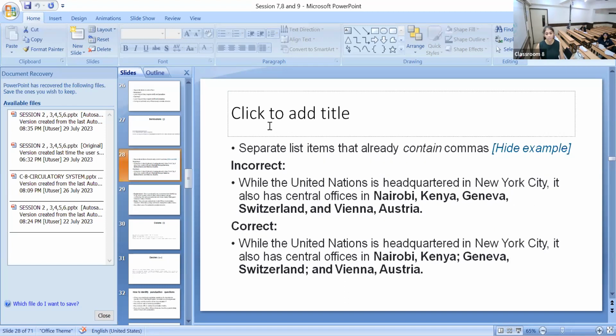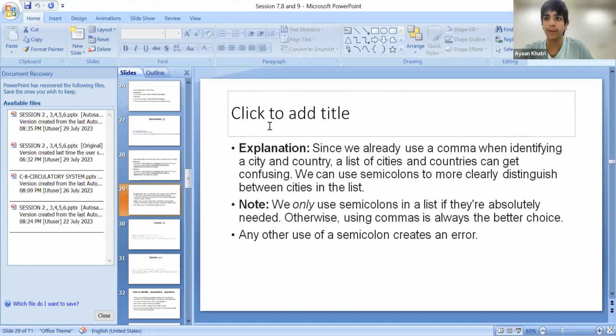Okay, I should have asked you, why are we using a semicolon over here, Ayan? Why do you think? Because the first, for example, the countries are the next two aren't, so to separate the countries from that, used semicolon.